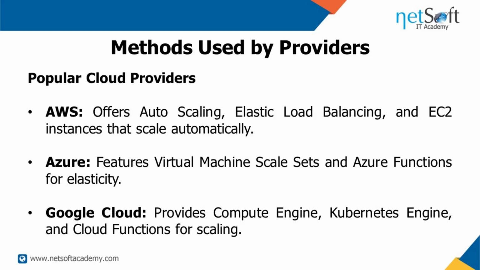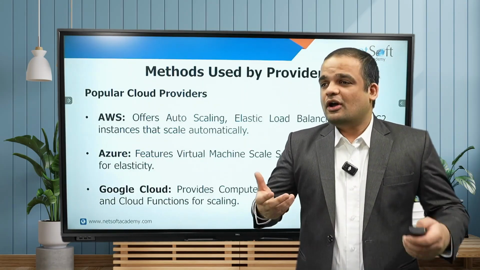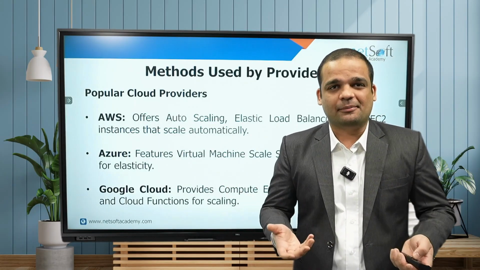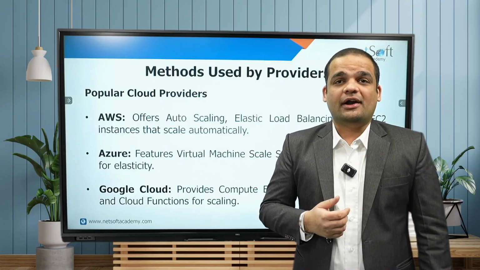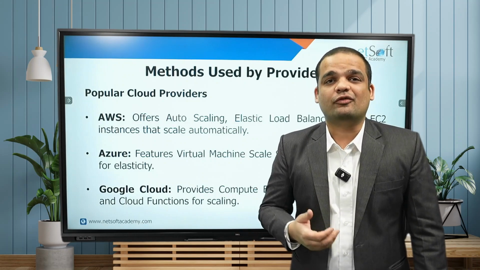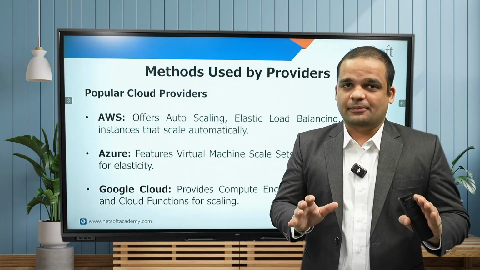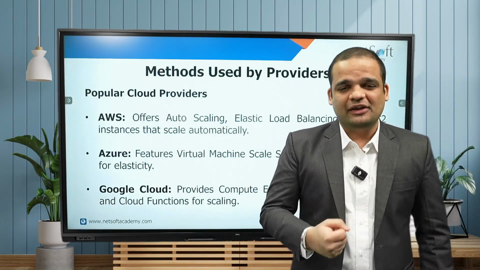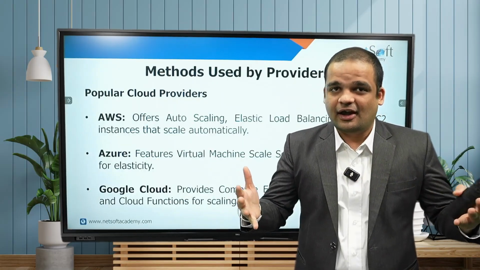Features like virtual machine scale sets and Azure Functions or Automation for elastic scalability are some of the examples. How about Google Cloud? Well, Google Cloud provides Compute Engine, Kubernetes Engine, and Cloud Functions for scalable resources. These are some of the examples. There are so many other feature sets which will give you the functionality of scaling and elasticity as a big picture.